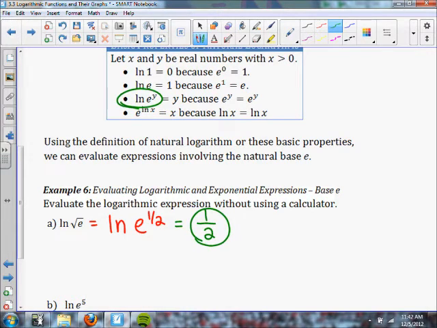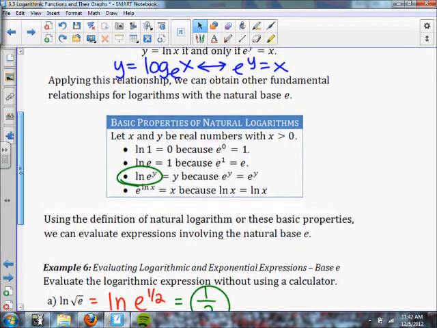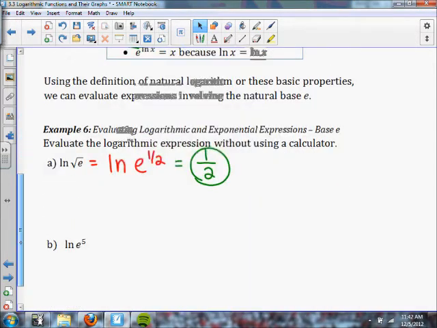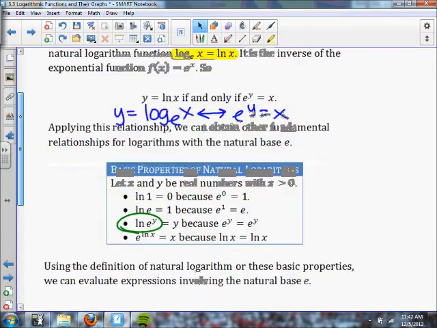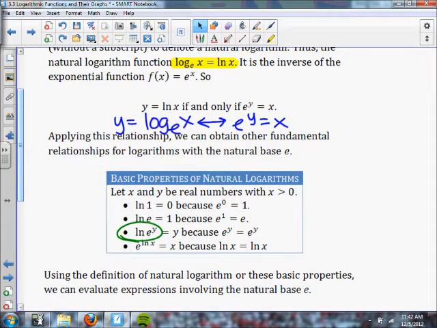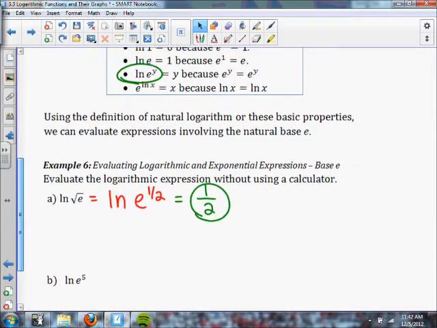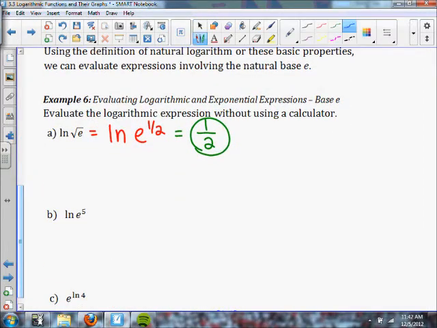Correct? Now, let's switch back and forth. We're given something in ln form, so we're going to use this. If y is equal to ln of x, then e to the y is equal to x. So what they're saying here is this. e to the y is equal to the square root of e.